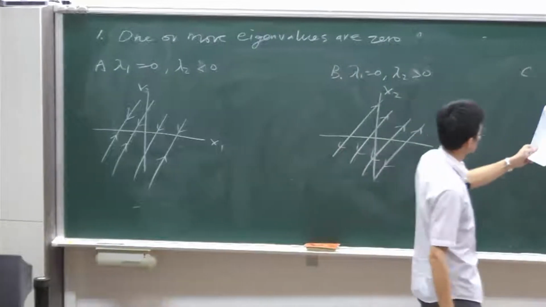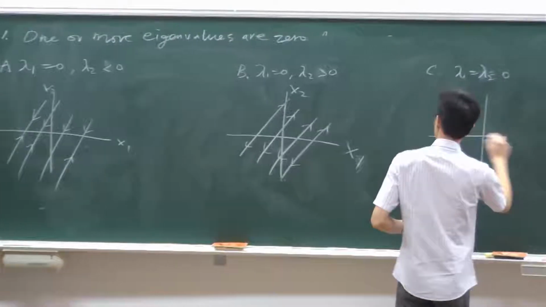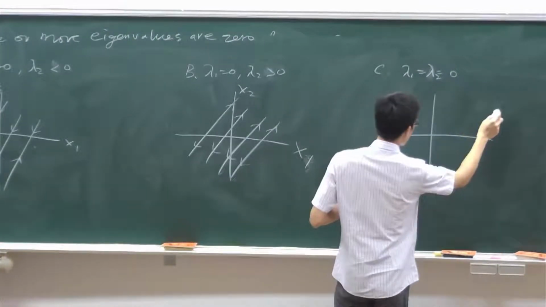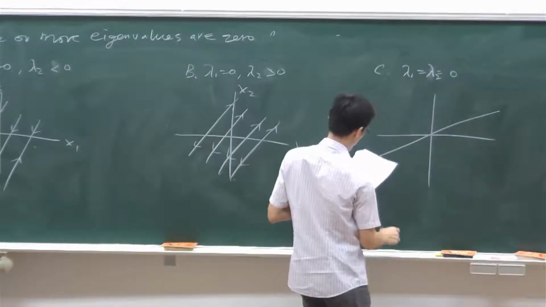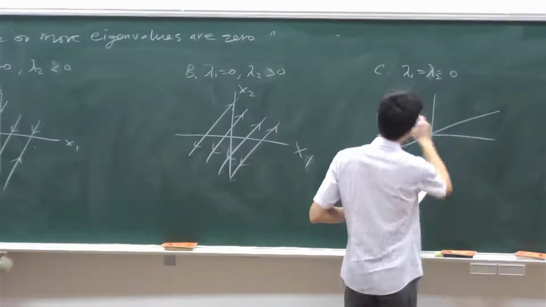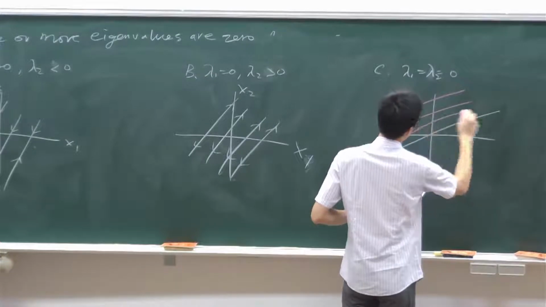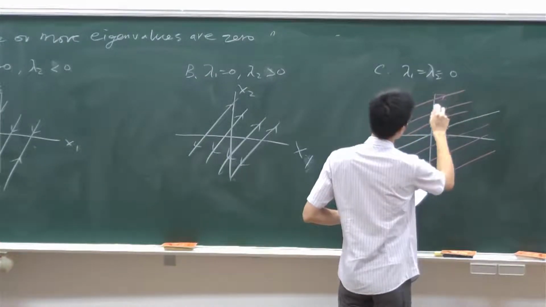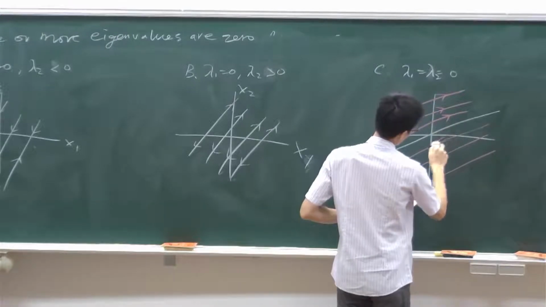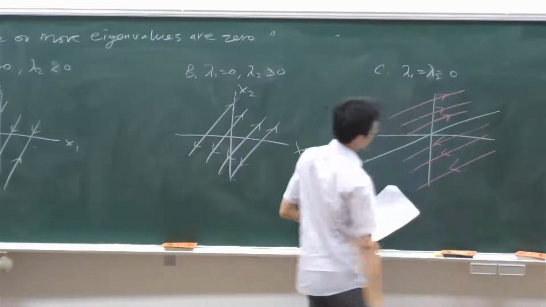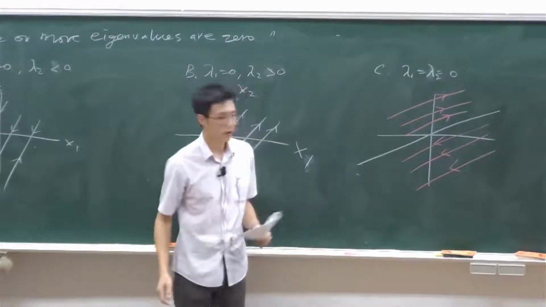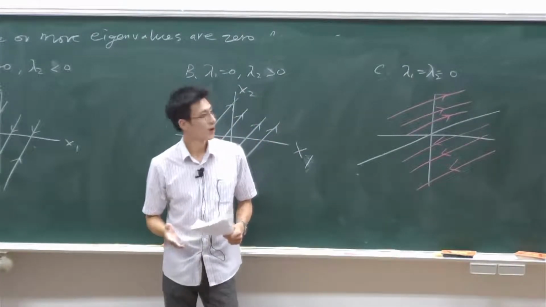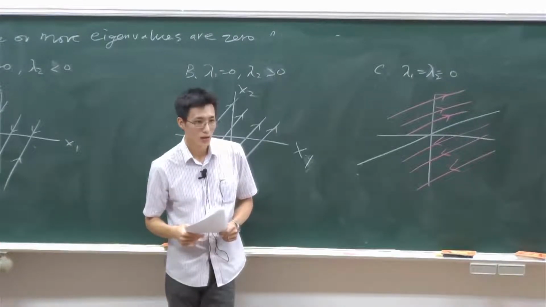And for this one, because both eigenvalues are 0, they will have identical eigenvectors.